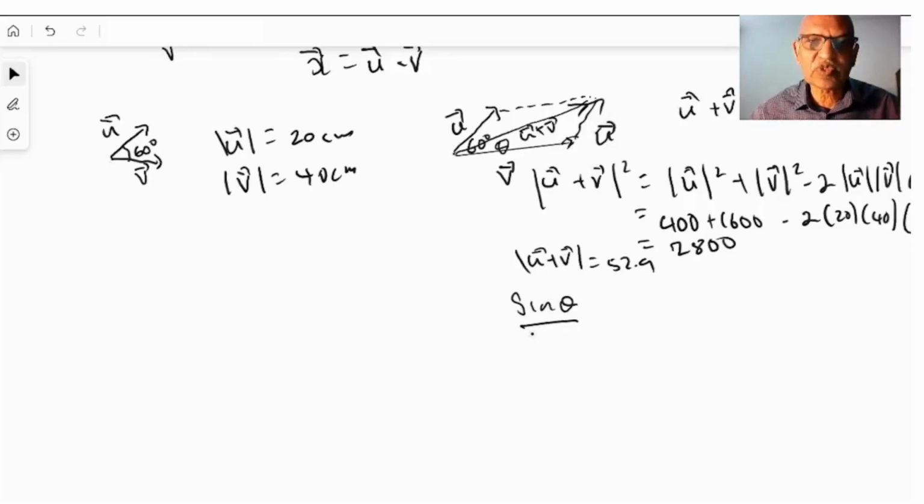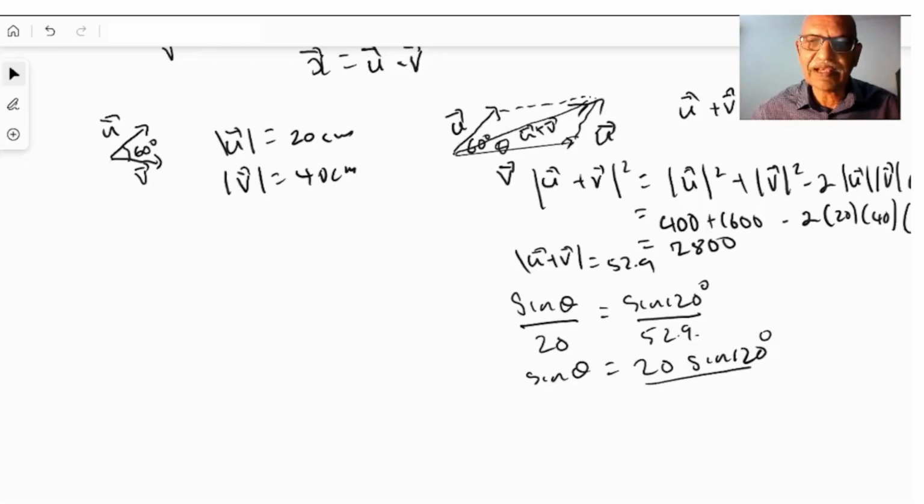The magnitude of u is 20, equals sine of 120 over the magnitude of u plus v, which is 52.9. So sine theta will be 20 times sine of 120 degrees divided by 52.9. Then we find angle theta will be 19 degrees.